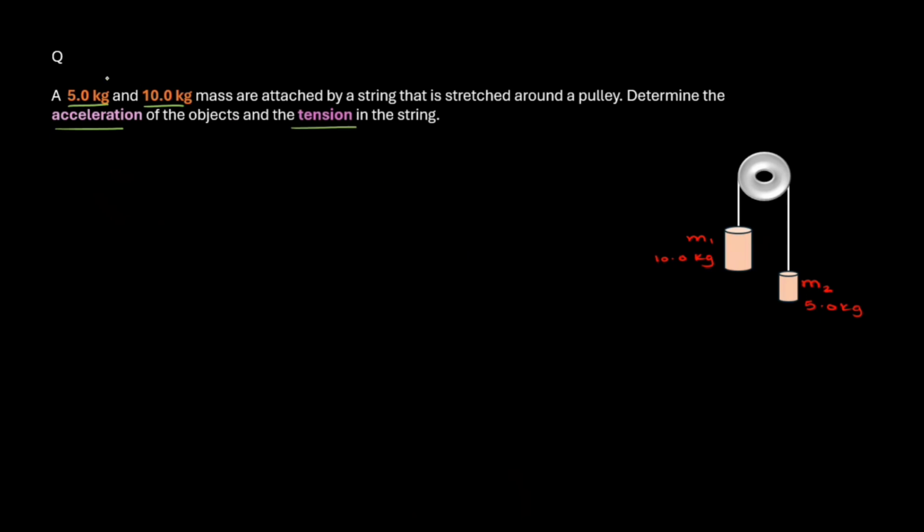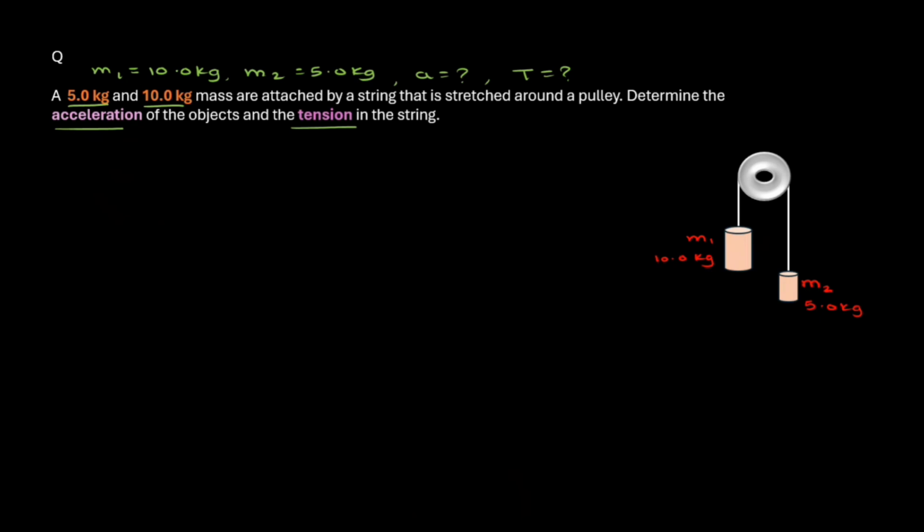So here you have masses M1, which is 10 kilogram, and M2, which is 5 kilogram, attached by a string that passes over a pulley. We need to find the acceleration of these masses as well as the tension in the string.